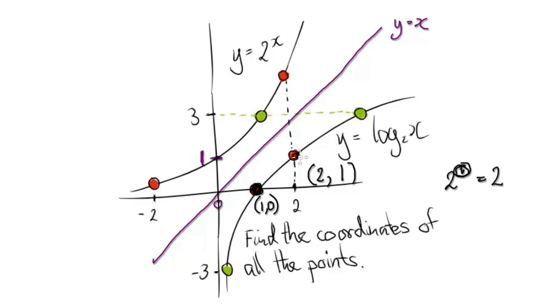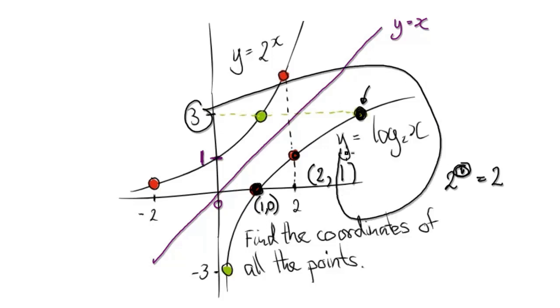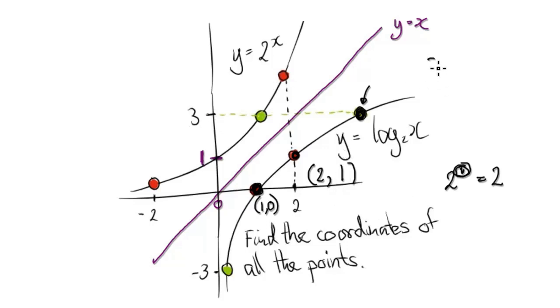So we've done this. Now to find the coordinates of this point, we know the height is 3, so put 3 into the y. That would be 3 equals log base 2 of x. If you want to find x, then exponentiate both sides equally with base 2. So that would be 2 to the power of 3 equals 2 to the power of log base 2 of x.